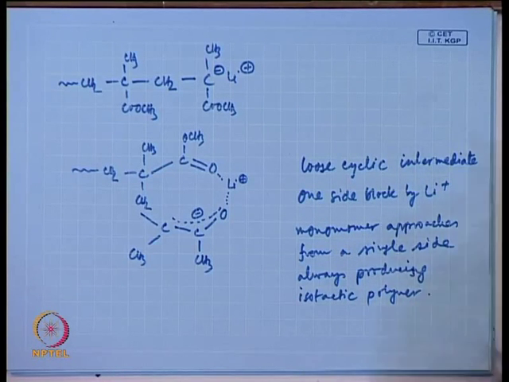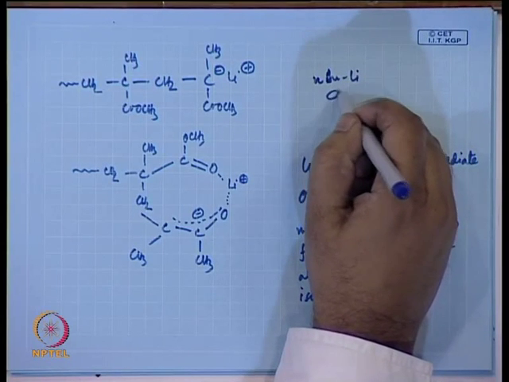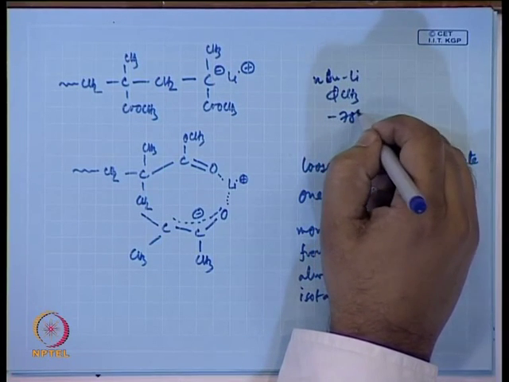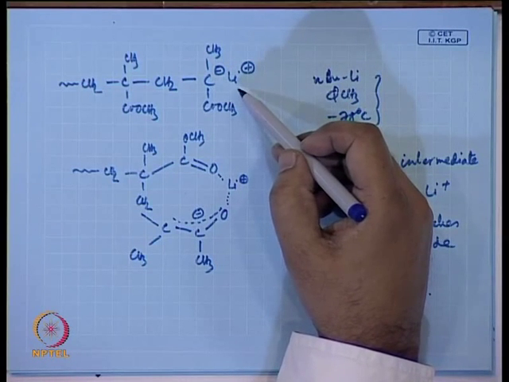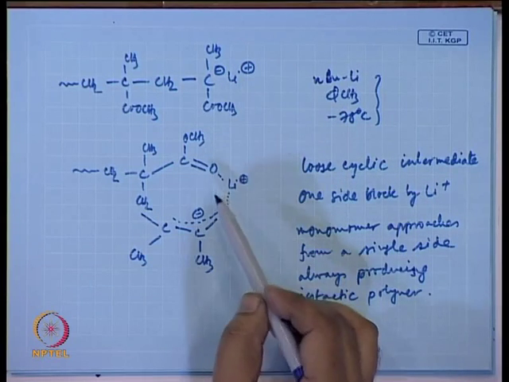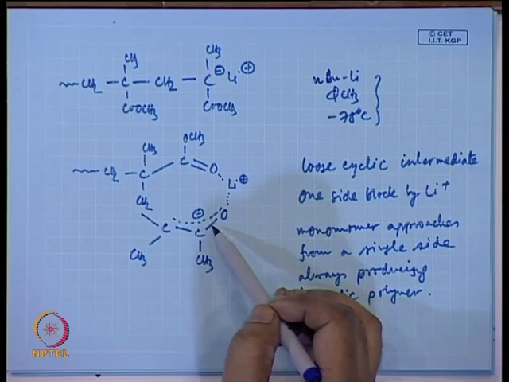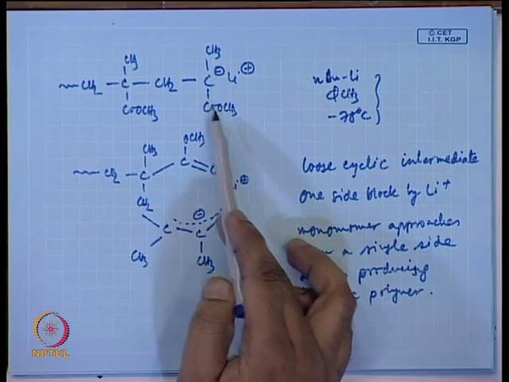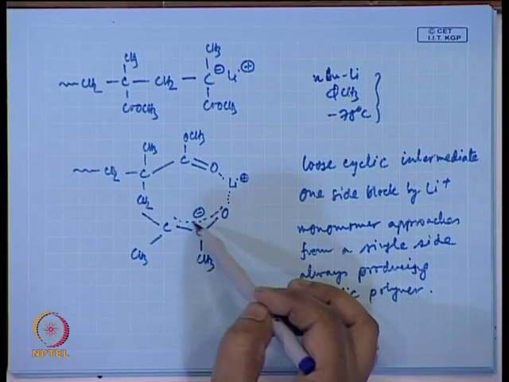So, if we consider n-butyl lithium as the initiator, toluene as the non-polar medium, and say minus 78 degree temperature, this condition will satisfy that the carbanion chain end and the lithium counter ion are tightly bound, strongly bound to each other. If that is the case, then you can imagine a situation like this, where because of resonance the ionic charge is distributed over the three atoms.